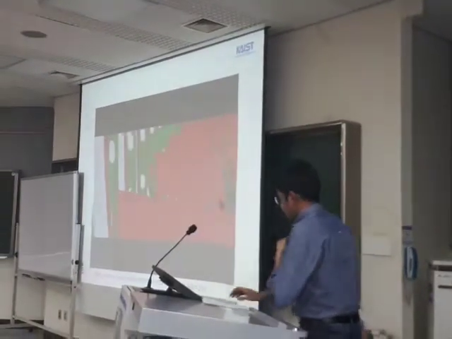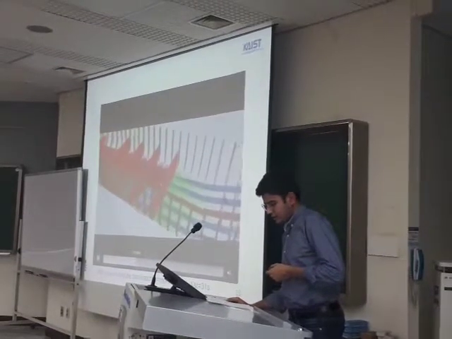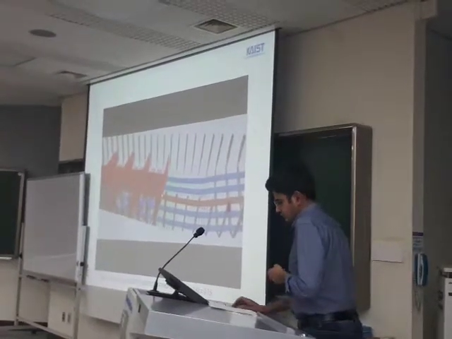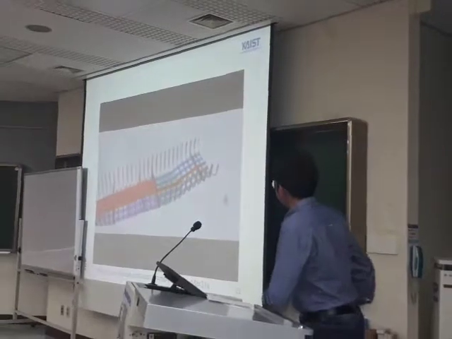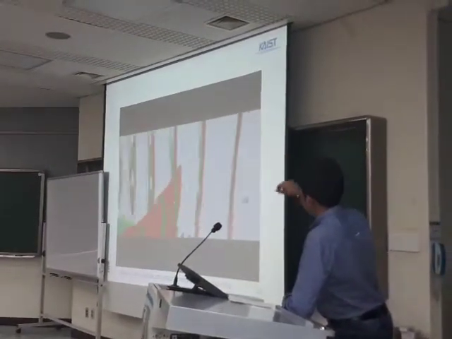These are the stiffeners, the green ones. They are not visible in the previous drawing. Yes, these ones.